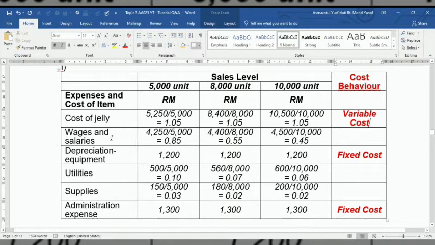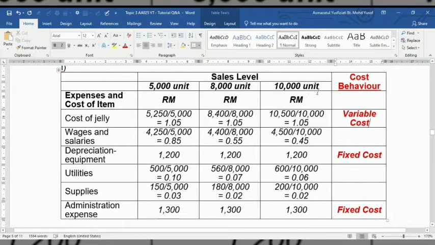Okay, now we look at the wages and salaries. Okay, I already calculate all the cost per unit. Okay, you can see that at 5,000 unit, the cost per unit is 85 cents. At 8,000 unit, the cost per unit is 55 cents.